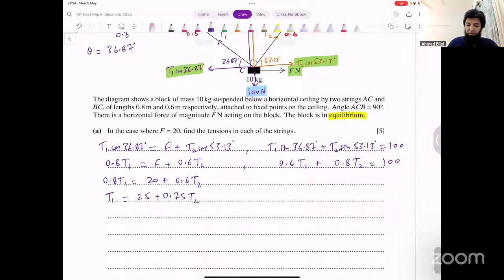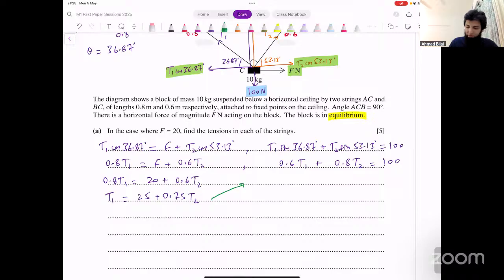We can input that in the other equation now. And that gives us 0.6 T1 plus 0.8 T2, that equals, oh, there's something wrong somewhere.